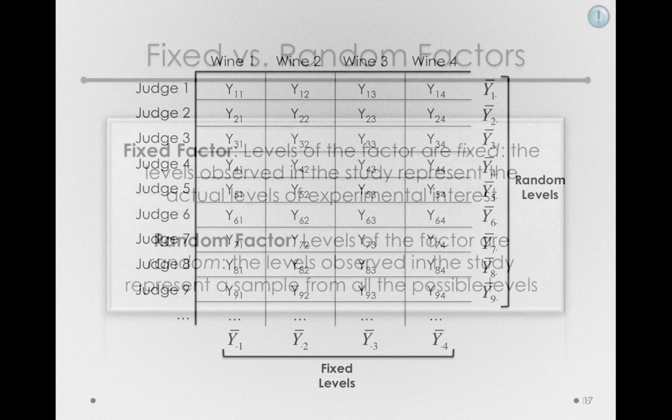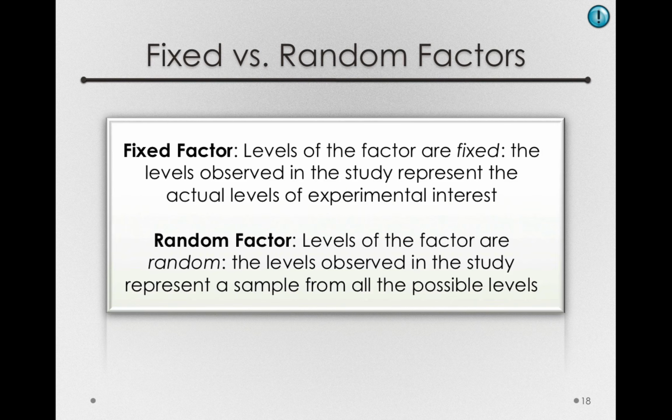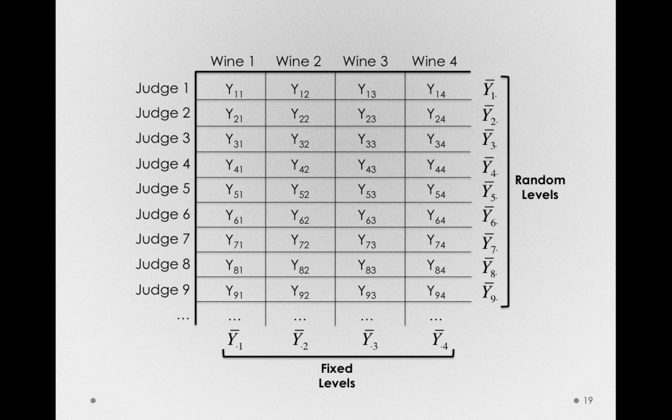So again, that's the distinction between a fixed factor and a random factor. A fixed factor, like wine, represents observations that we are actually trying to estimate the levels of, whereas the random levels of our judges are representing not the actual things we're trying to estimate, but simply random levels from the subset of all the possible levels that exist out in nature. Now, the reason I make a point about this is our model is actually going to estimate these different terms differently.